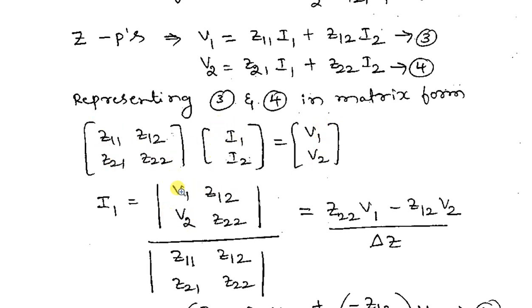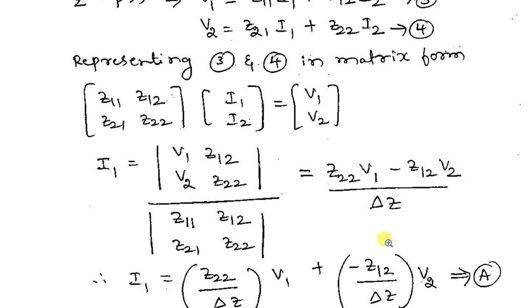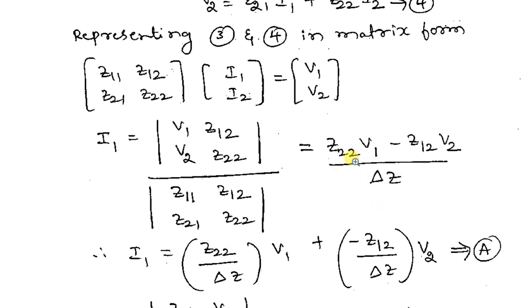So for this, find the determinant: Z22 times V1 minus Z12 times V2, divided by the original Z matrix determinant, which is represented in short form as delta Z. After that, you write I1 is equal to Z22 by delta Z into V1 minus Z12 by delta Z into V2. That's equation number 5, or you can give any name.